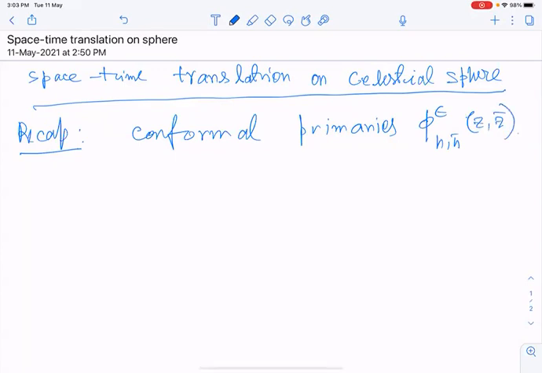So z, z bar are the coordinates on the sphere, or on the plane.